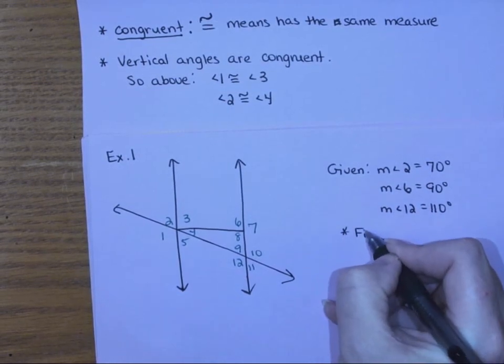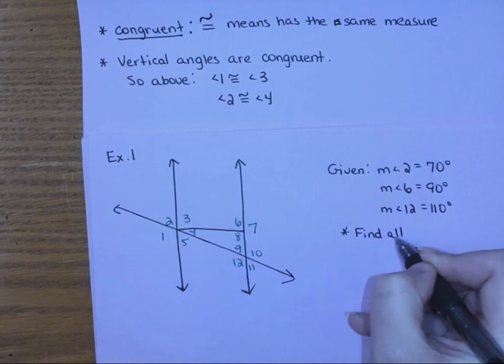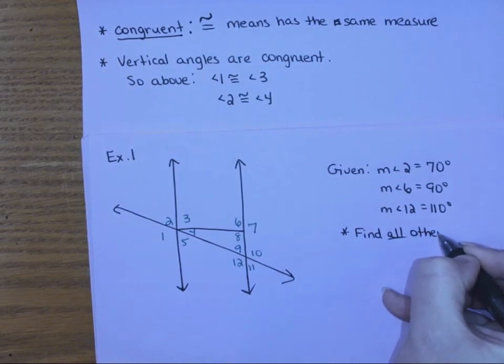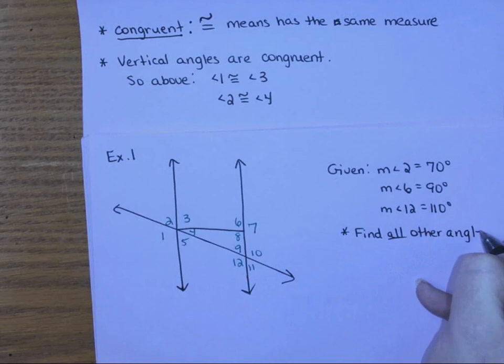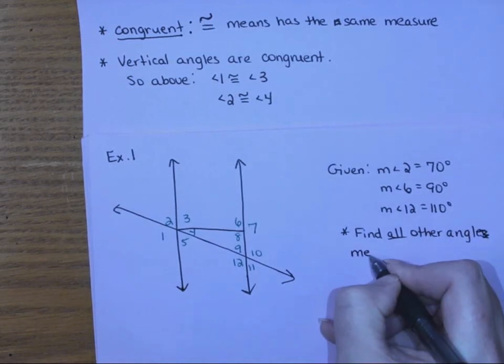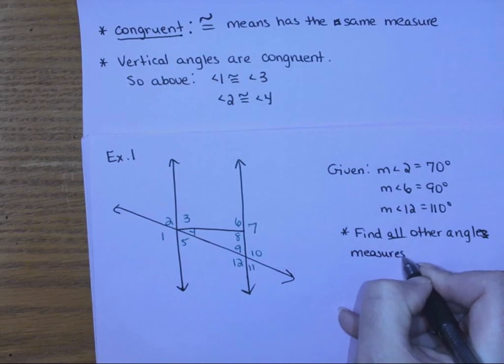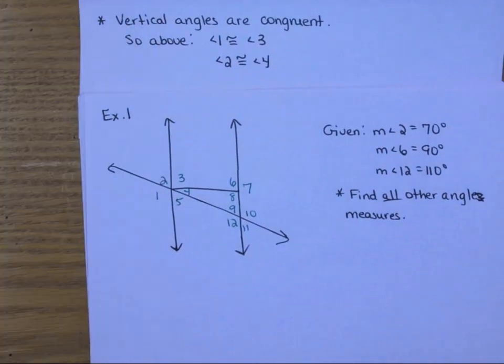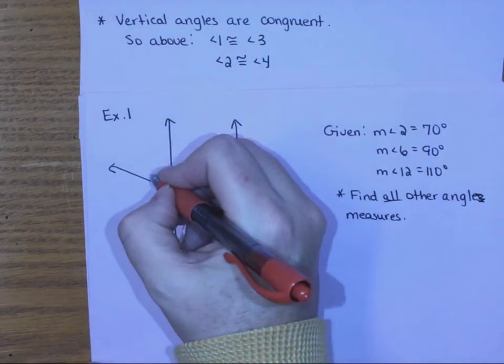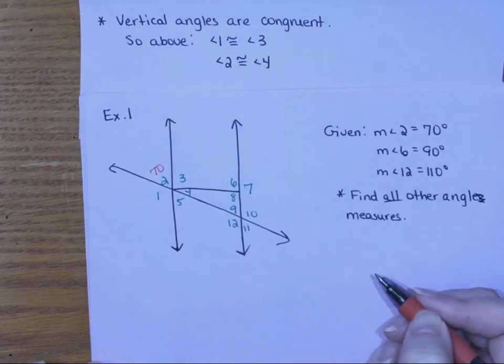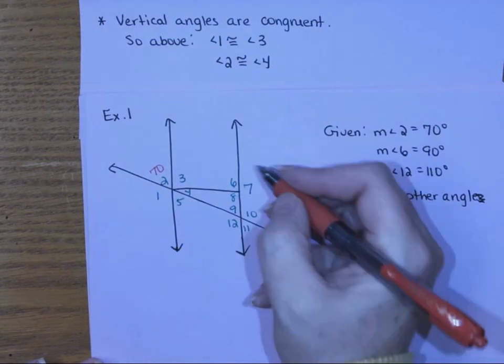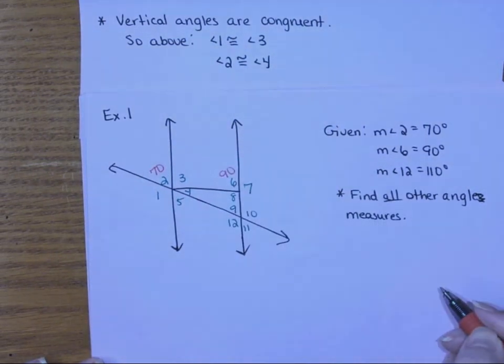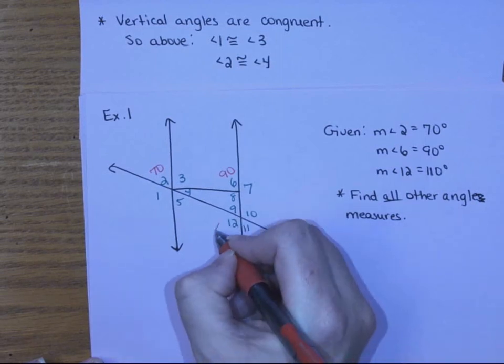And let's say that I said I wanted you to find all other angle measures using either some of the rules we just went over or something else you might have learned before. So I'm going to use a different color here, but let's label the angles that we know. Angle 2 is 70. Angle 6 is 90. And angle 12 is 110.